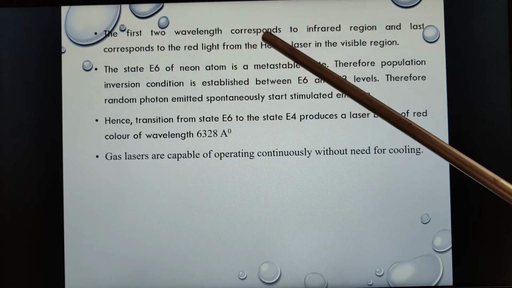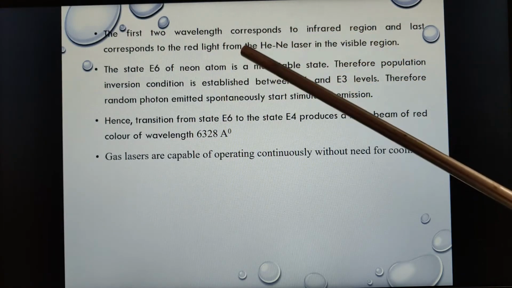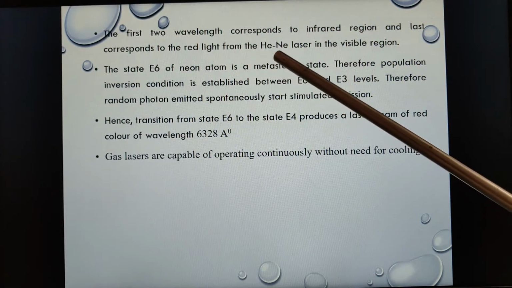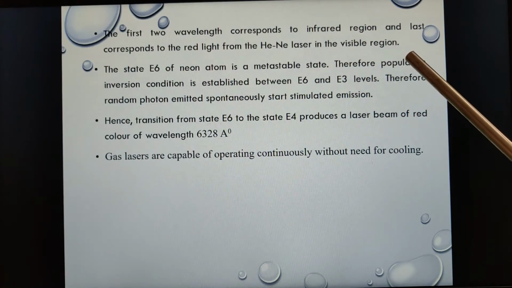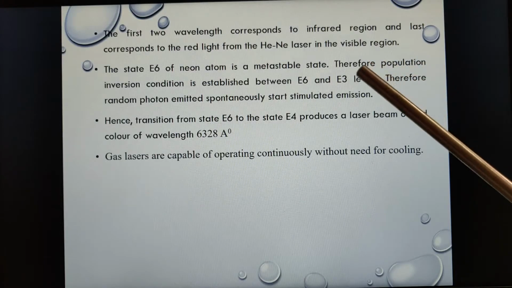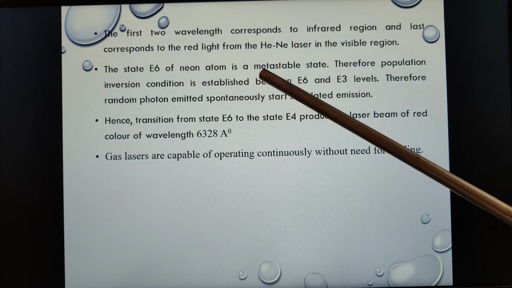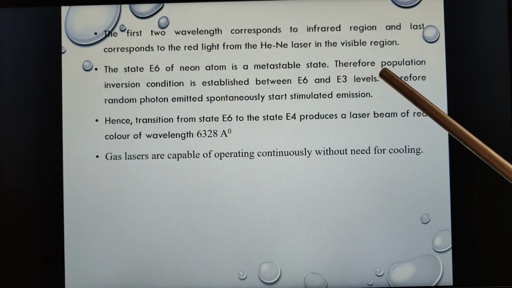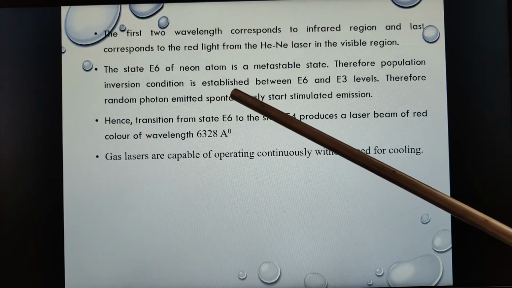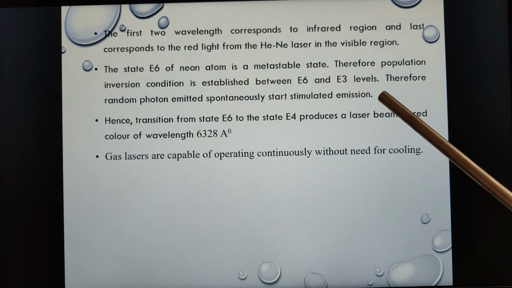The first two wavelengths correspond to the infrared region and the last corresponds to the red light of the helium neon laser in the visible region. The state E6 of the neon atom is a metastable state. Therefore, the population inversion condition is established between the E6 and E3 levels.